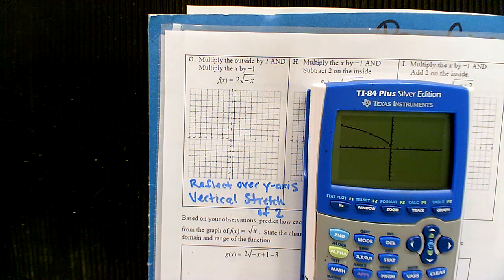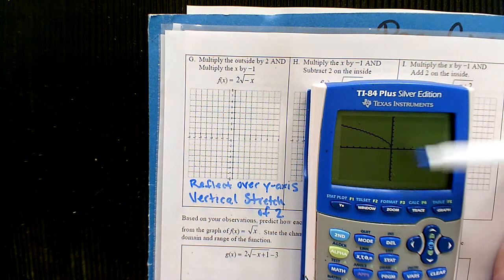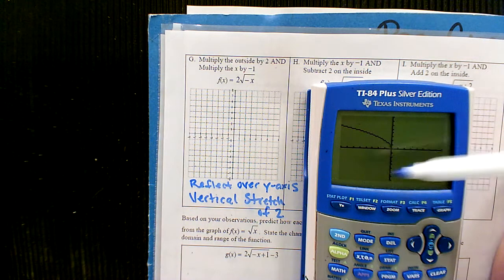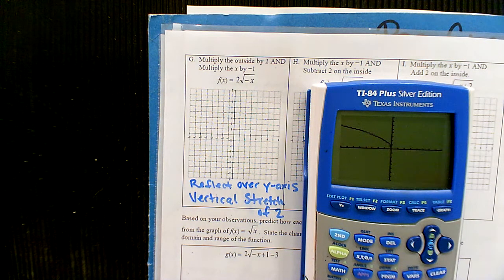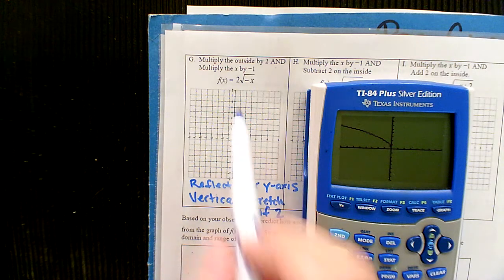All right, so it definitely flipped it across the y. Instead of being on the right side, it's now on the left, right? And notice how the curve is higher than it normally was, which means you were stretching it vertically. You made it taller. So let's go ahead and see if we can plot these points.